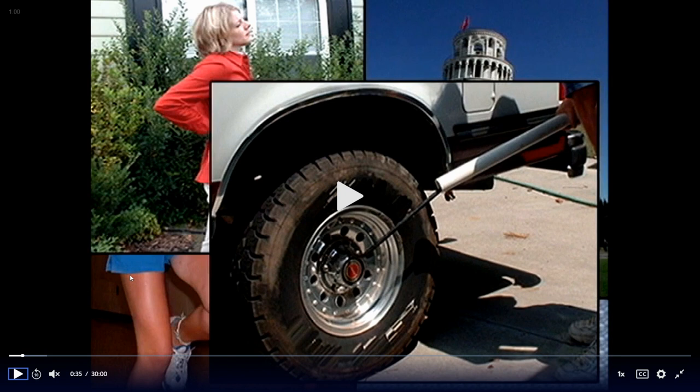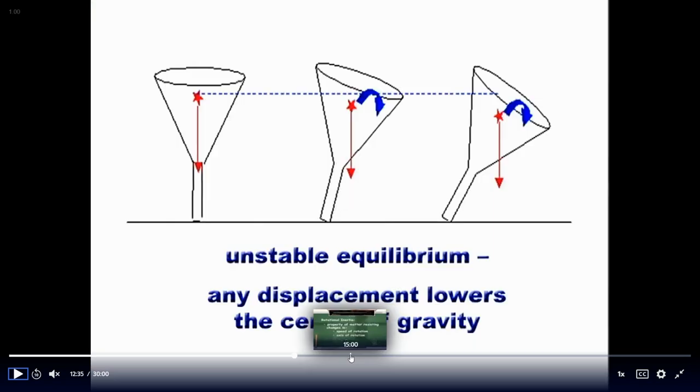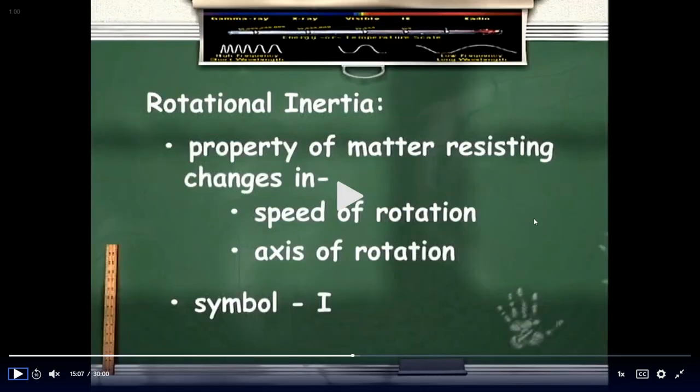On the back part of this, we then talked a little bit about rotational inertia. From your notes, guys, these are parts of it. It's the property of matter.